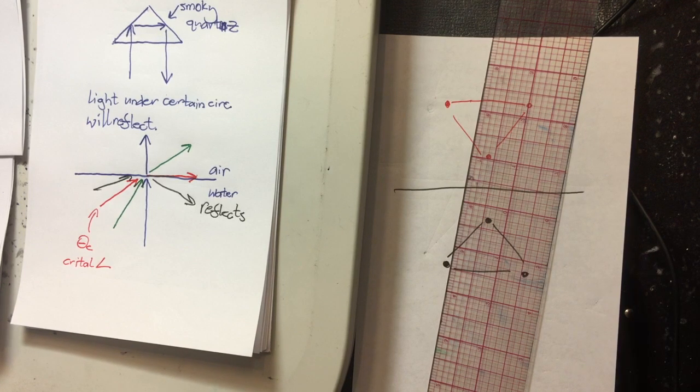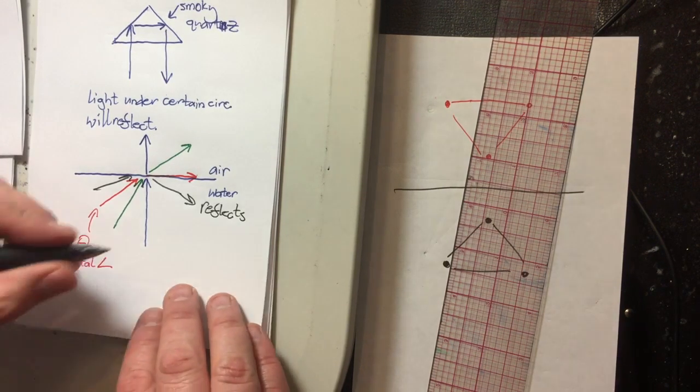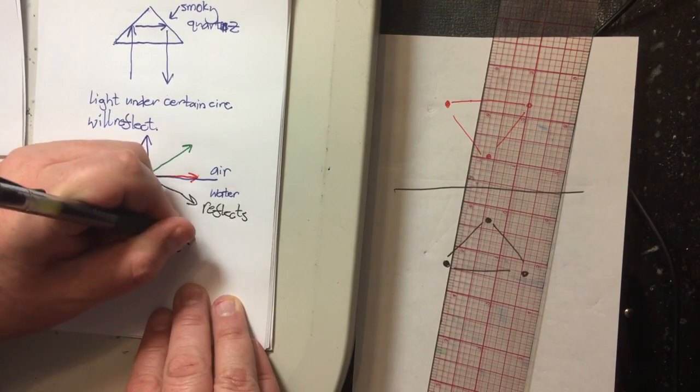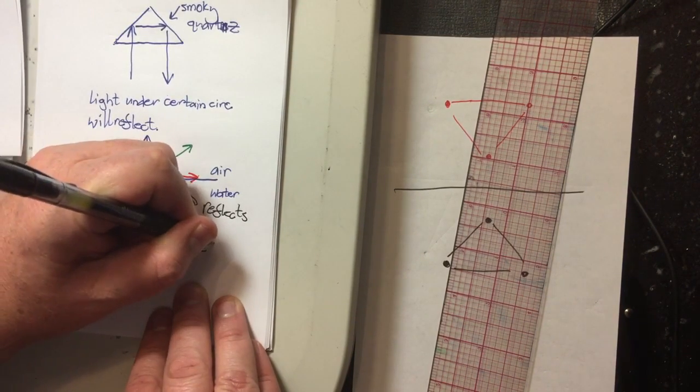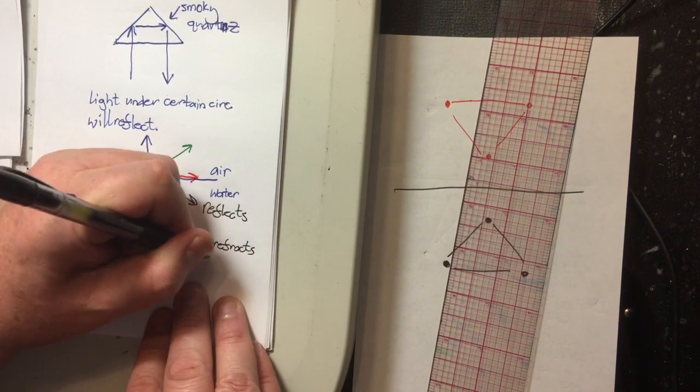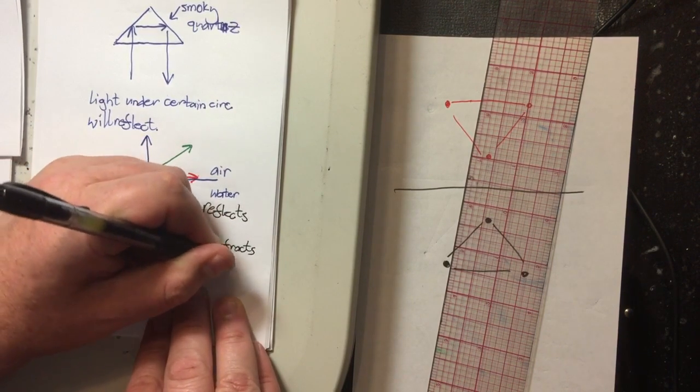It doesn't show you any of the light that's above it, only the light that reflects up from below. So at this critical angle, if the incident angle is less than the critical angle, it refracts, and you do Snell's law.